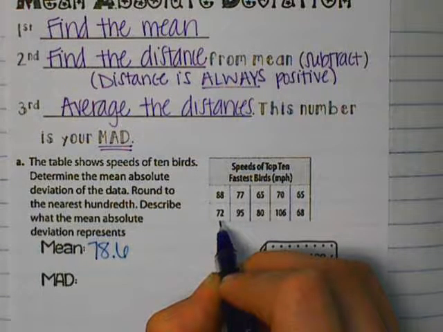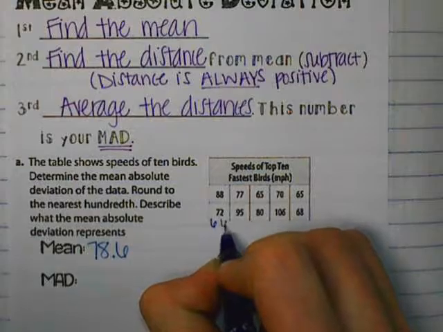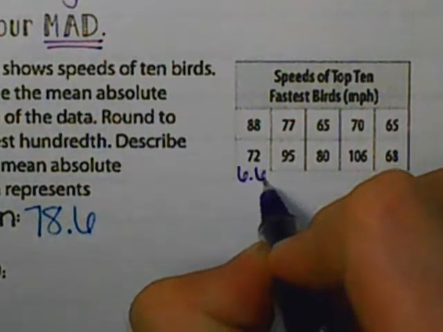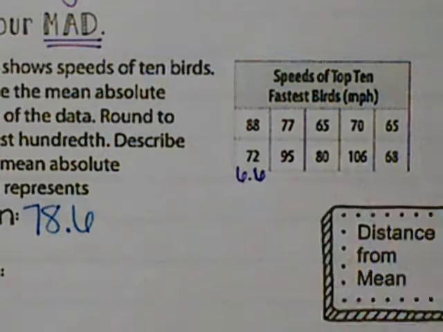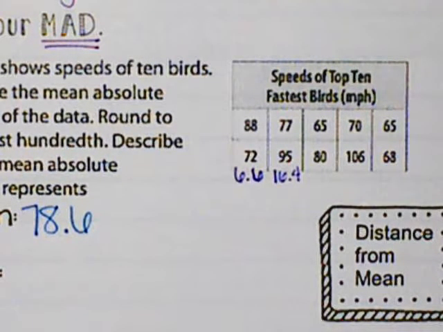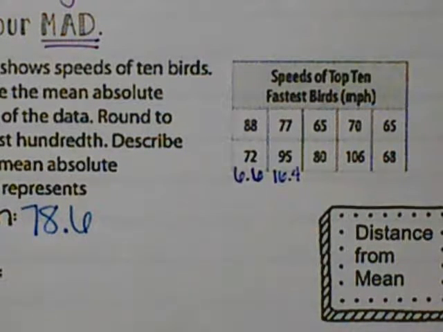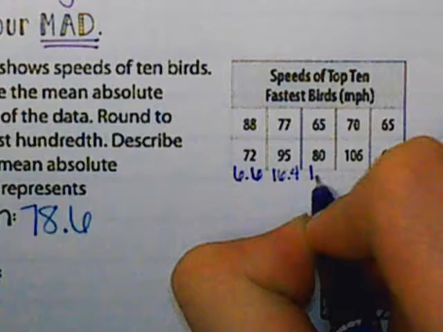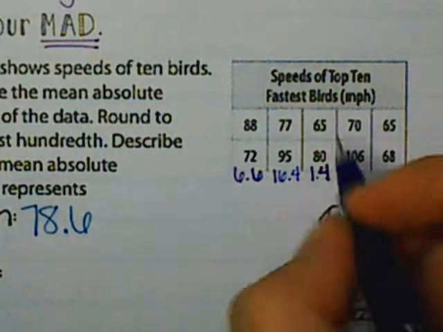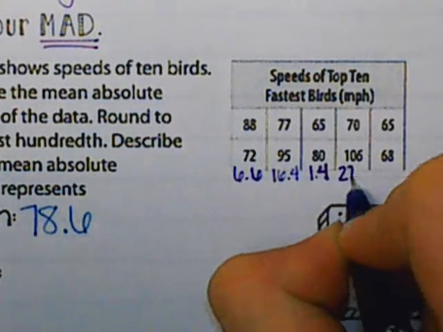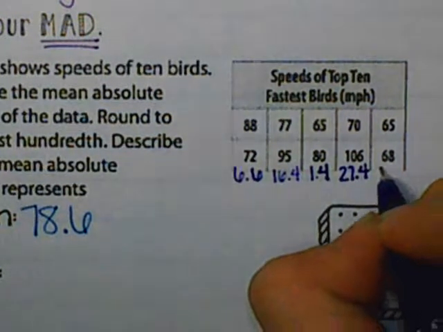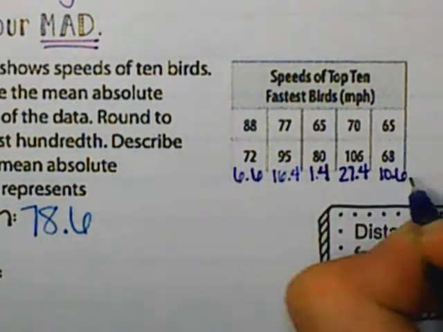So 78.6 minus 72 is 6.6. 95 minus 78.6 is 16.4. 80 from 78.6 is 1.4. 106 minus 78.6 is 27.4. 78.6 minus 68 is 10.6.